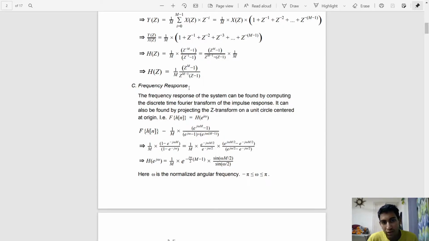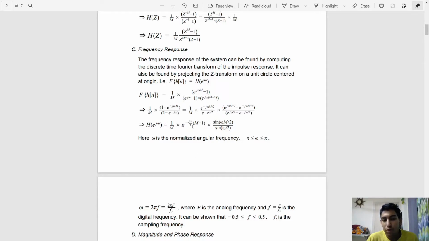So in this equation, I just replace z by e raised to power j omega and we get this. We can take e raised to power minus j omega m by 2 outside of the numerator and denominator. So we get this, and the numerator can be seen as the sine of omega m by 2, and the denominator can be seen as the sine of omega by 2 if we multiply and divide by 2j.